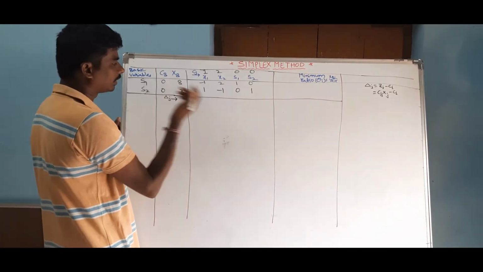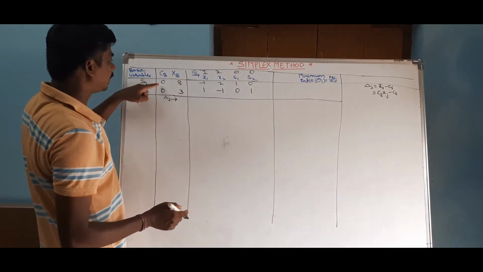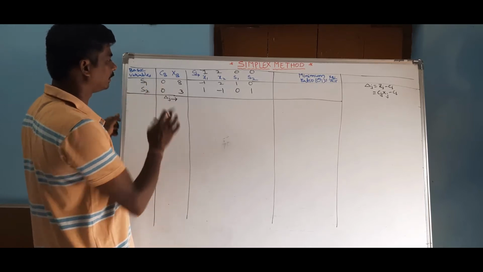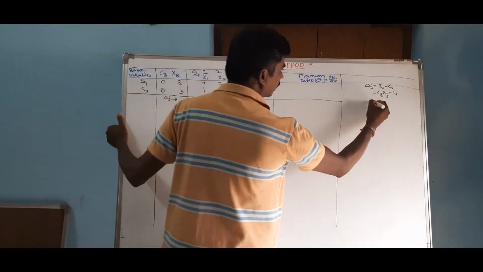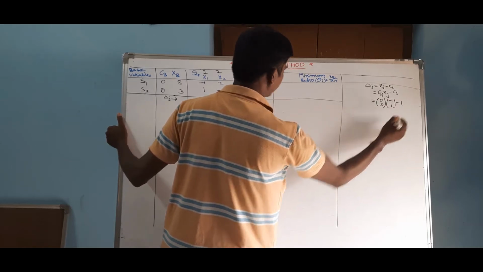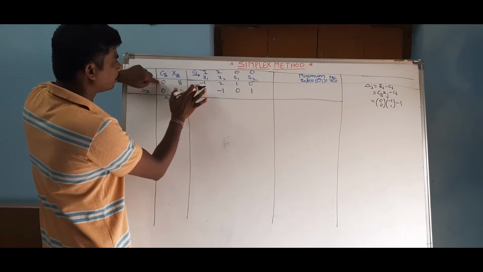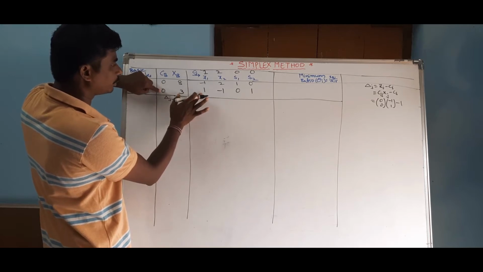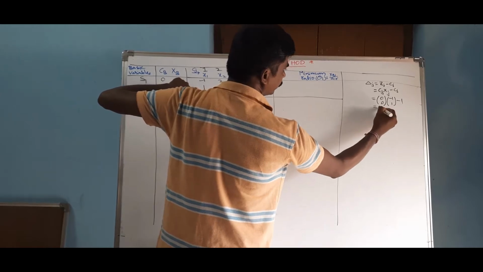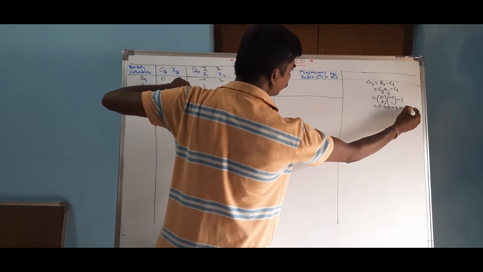Now see here, delta J means Zj minus Cj. Zj is CB times Xj. CB equals 0 0 in matrix form, minus 1, 1, minus 1. See here, 0 into minus 1 is 0, plus 0 into 1 is 0, minus 1, that equals minus 1.